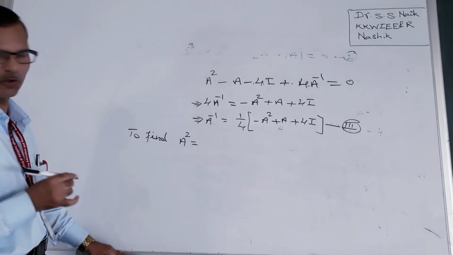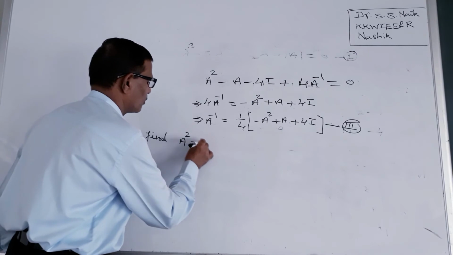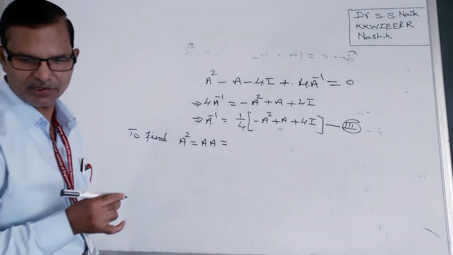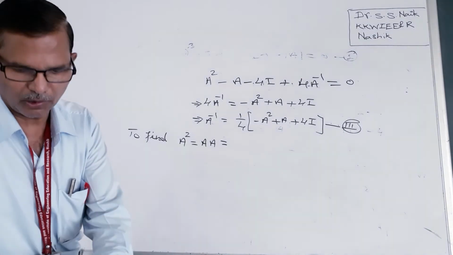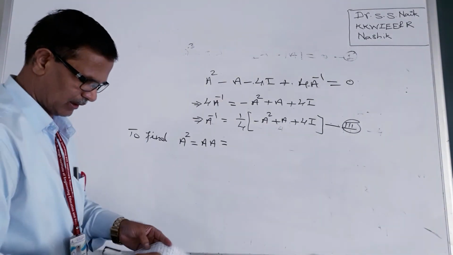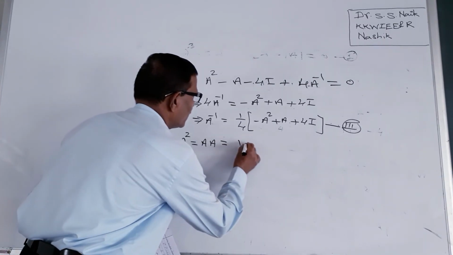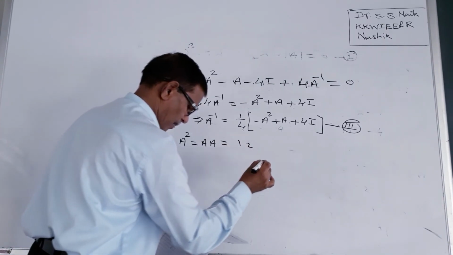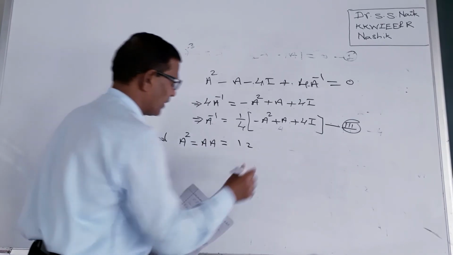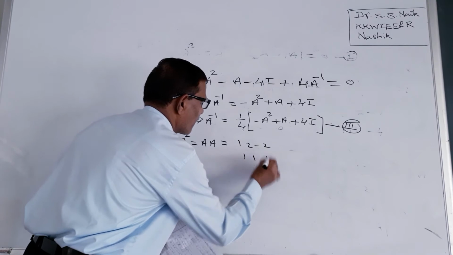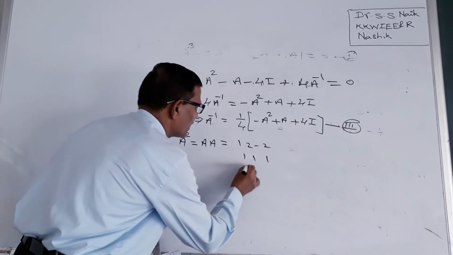To find A square, A square is equal to A into A. What is A? A is equal to 1 2 minus 2, 1 1 1, then 1 3 minus 1.